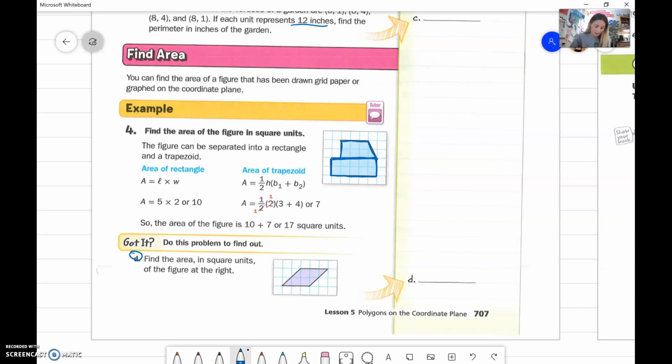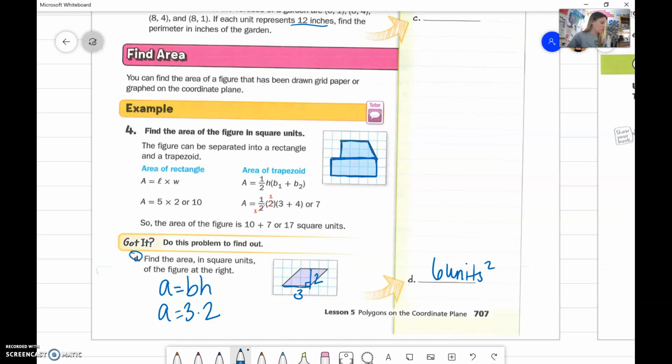So area equals base times height, because it's just a rhombus. So 1, 2, 3, there's my base. And remember, my height has to make that 90-degree angle, so there it is, 1, 2. Area equals base, 3 times 2, which is 6, which gives me 6 units squared. Now, they're not going to be that easy.